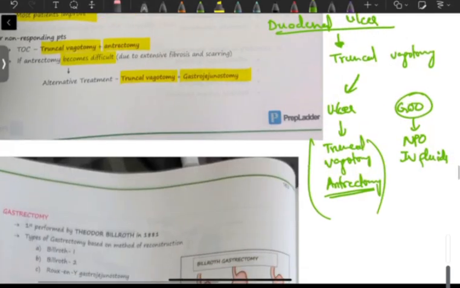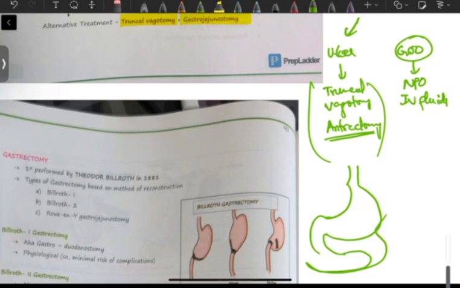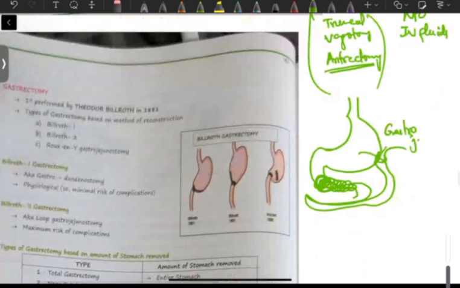Even after this, or if antrectomy becomes difficult, then we will go for truncal vagotomy and then we'll join the stomach with jejunum. This is the duodenum, next all these loops are of the jejunum. So this is gastrojejunostomy. Here the duodenum is all obstructed because of this duodenal ulcer. So we are bypassing the duodenum and connecting the stomach to the jejunum. Okay? By this we are able to relieve the obstruction.